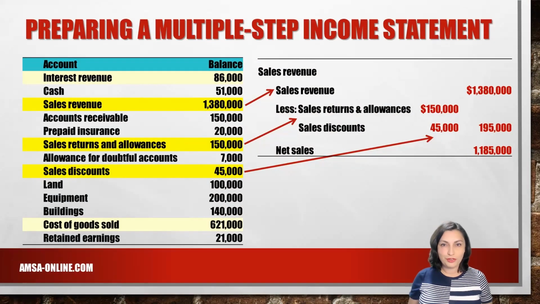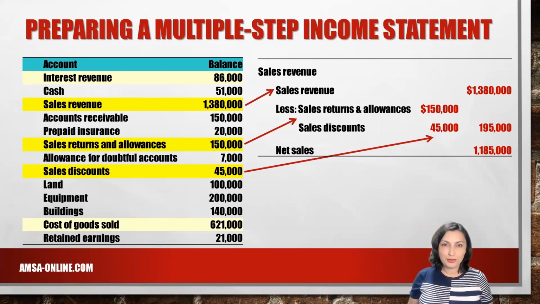The first section of any multiple-step income statement is the revenue section. The revenue section includes sales revenue, sales returns and allowances, sales discounts, and net sales. In the income statement, we first list sales revenue, then list sales returns and allowances and sales discounts.